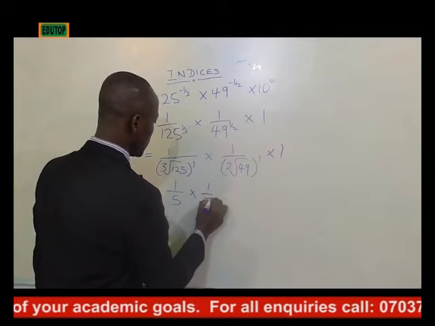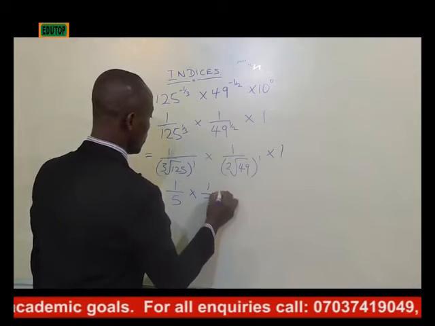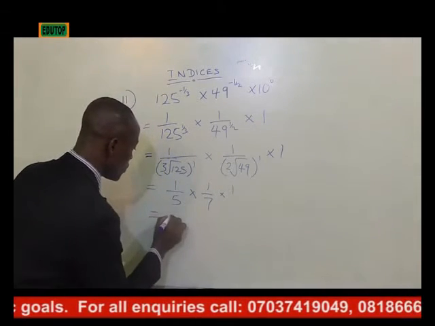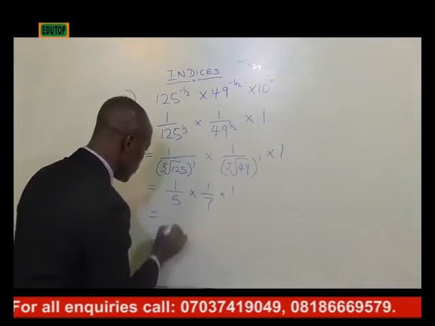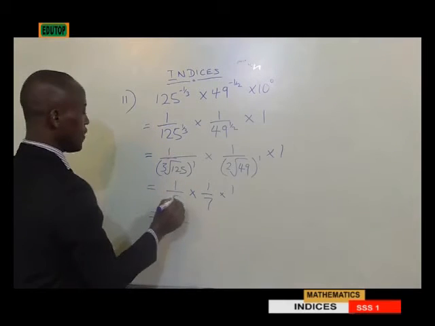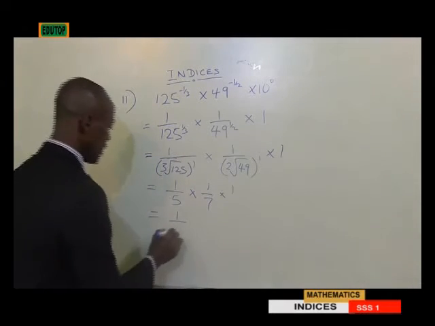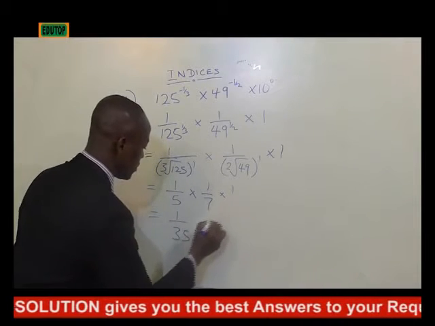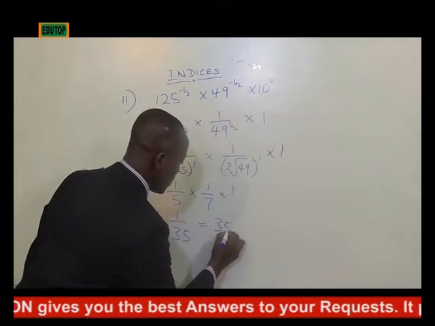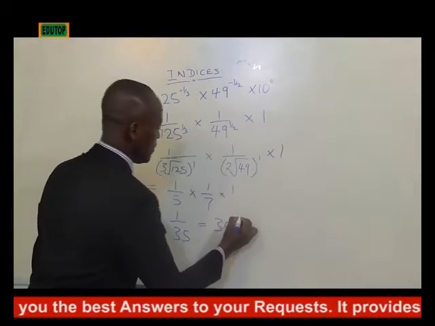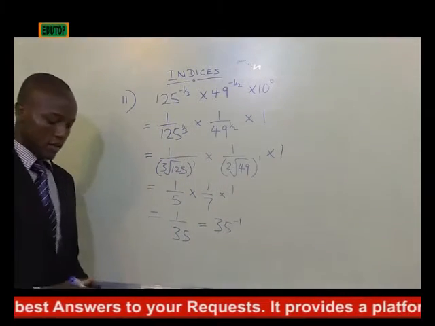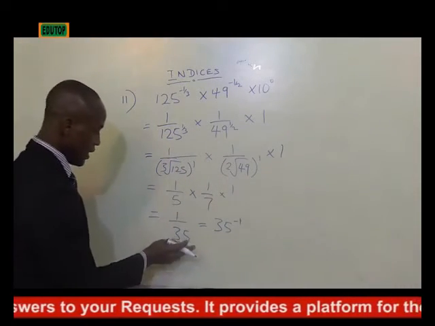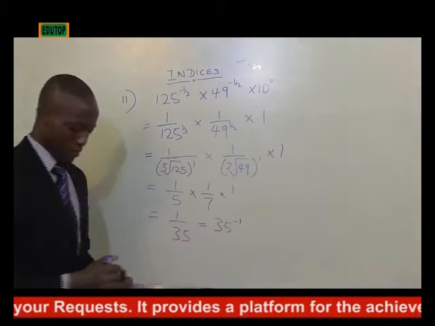So 1 over 7 times 1 is equal to 1 times 1 times 1, that's 1, over 5 times 7, that's 35, which can also be written as 35 raised to power minus 1. This is our final answer. That is, we can write our final answer as this or this.